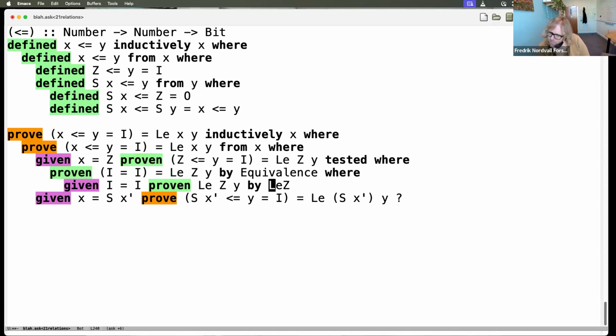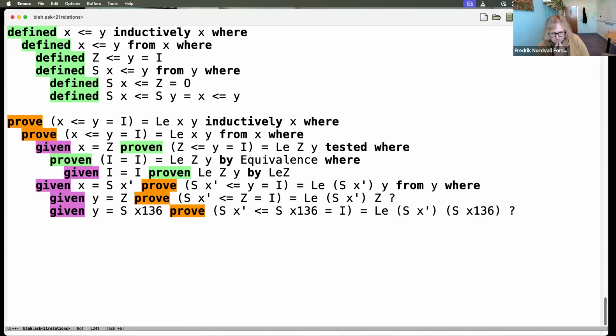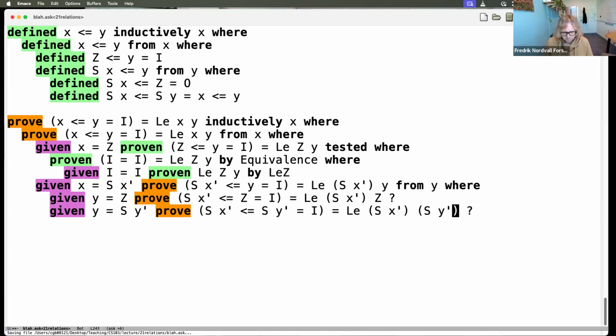Now, we know that the next thing our function would like to know is about Y. So we're going to do from Y, and then I'm going to change X136 to Y prime. Okay.